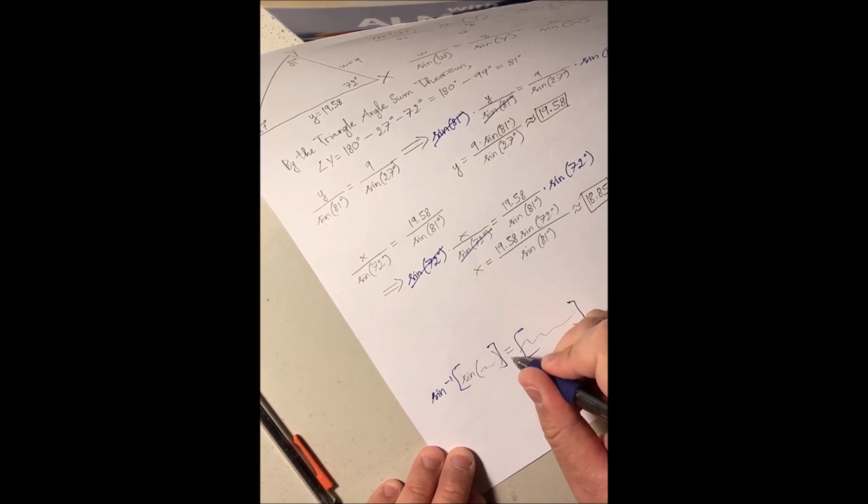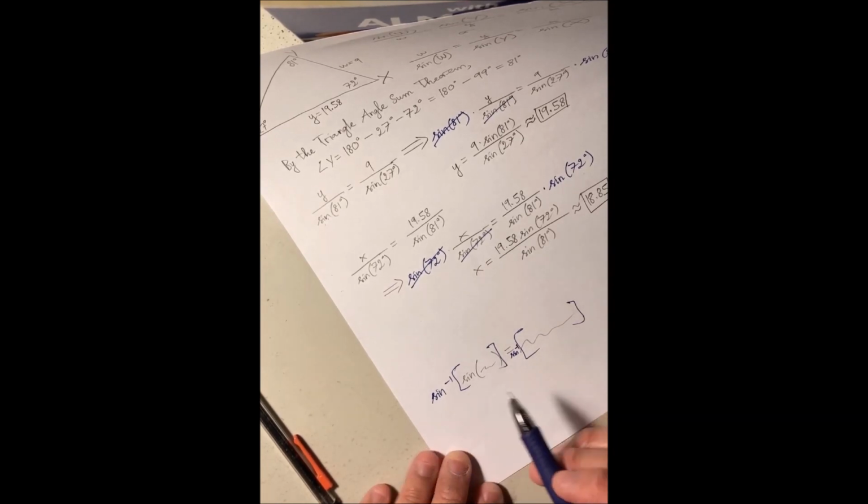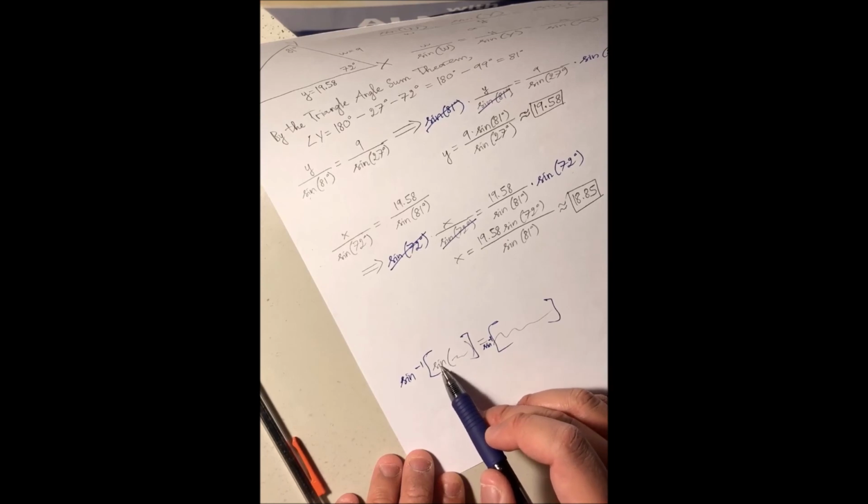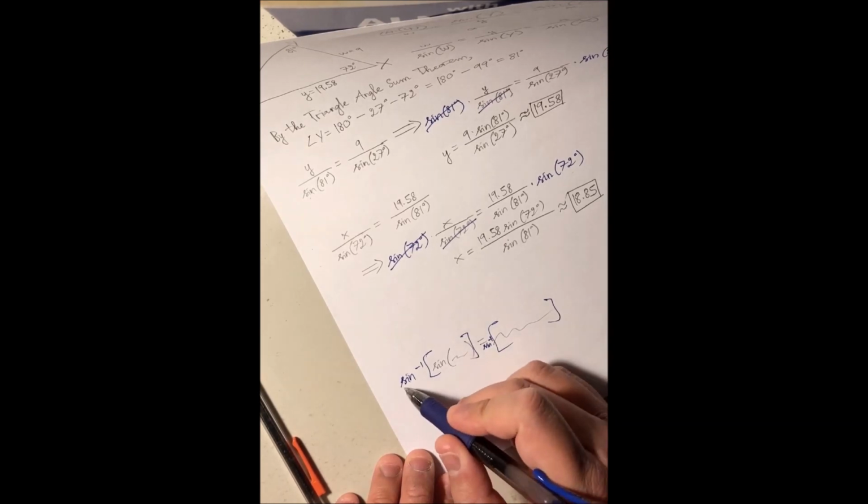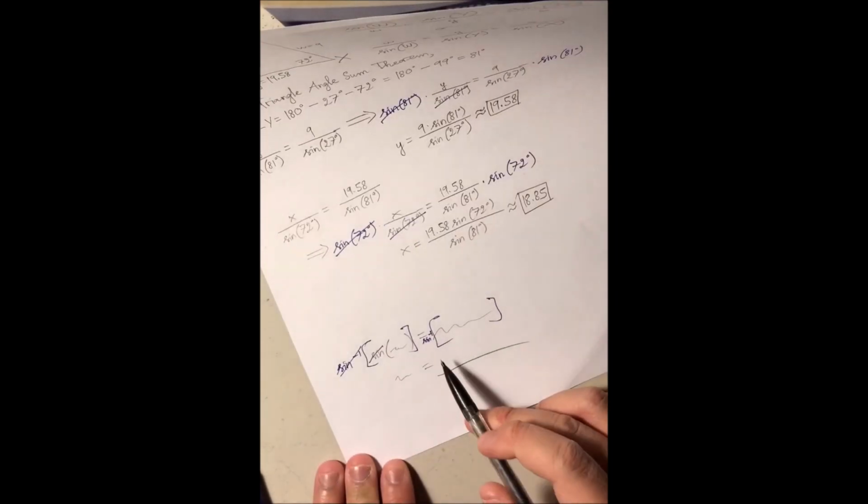So I'm going to squeeze it in right here: sine inverse, sine raised to the negative 1 of this whole thing. So you have the sine inverse of the sine function of something. These two automatically cancel out, so you're left with just the whatever angle equal to whatever else, after you type this whole expression in your calculator.